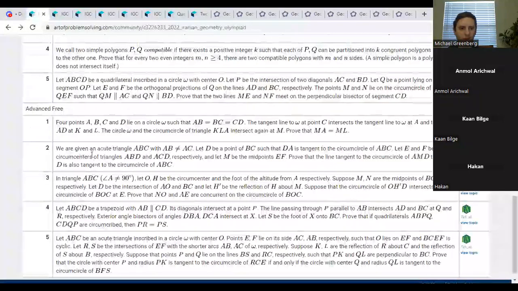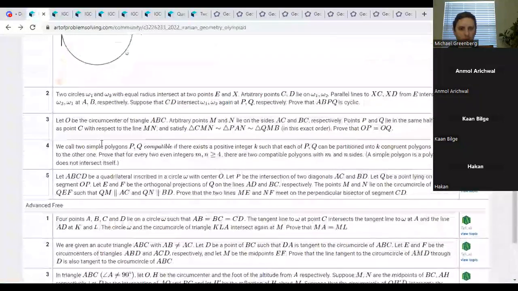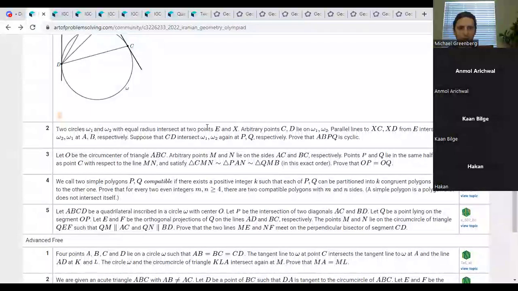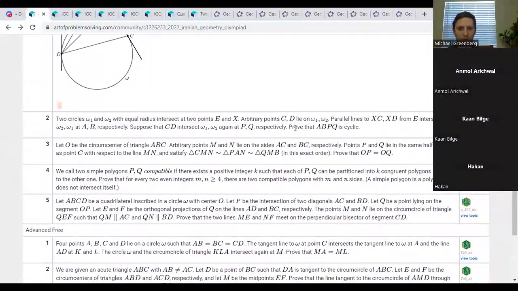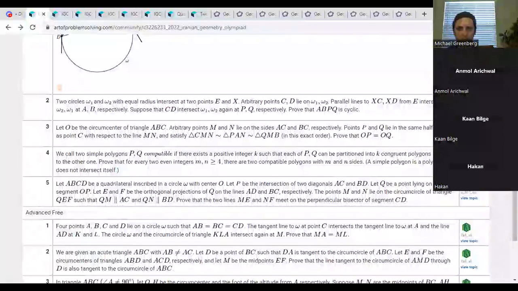Let's see, what is number 4 on the intermediate? Oh, this one might be too easy. Number 2. Number 3. Let's see.